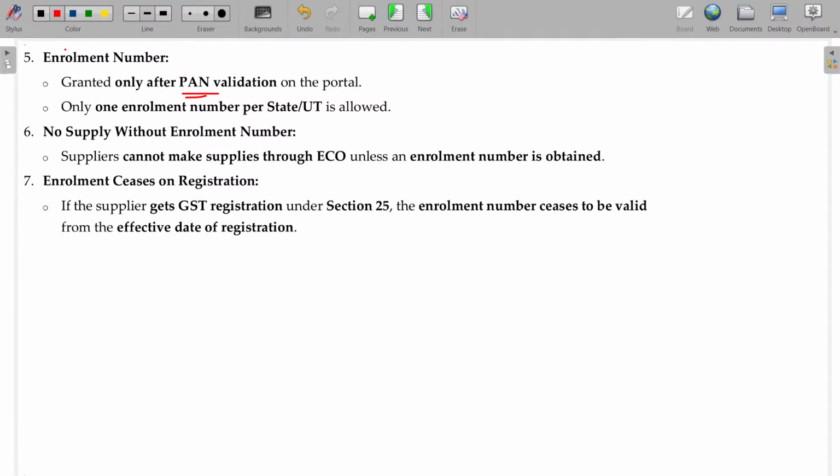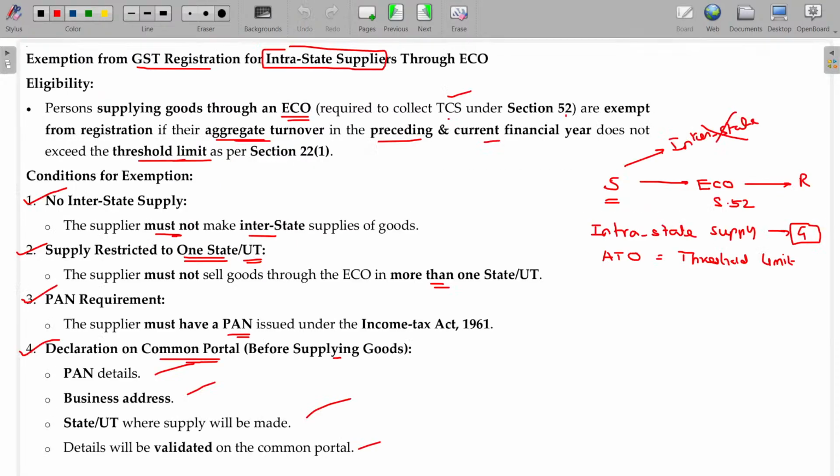Instead of GST number, you can use this. No supply without enrollment number. You cannot make supplies through ECO if the enrollment number is not there. GST number is not there, but enrollment number. So the enrollment number ceases on registration. Once you register, then automatically the GST number will come and the enrollment number will be cancelled. Is that clear? It's a temporary number. Until you cross the limit, you can do the business with the enrollment number.